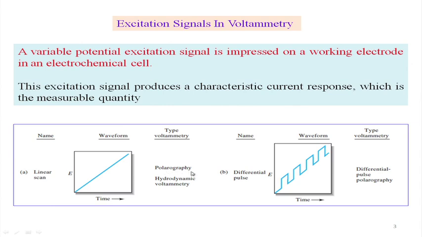The techniques we get from the linear scan waveform are polarography and hydrodynamic voltammetry. These are the two processes. That is why polarography is the oldest technique, almost 100 years old now, but it has its origin in that type of waveform.